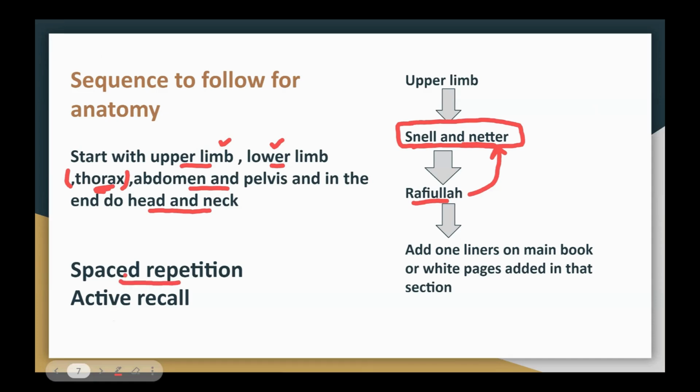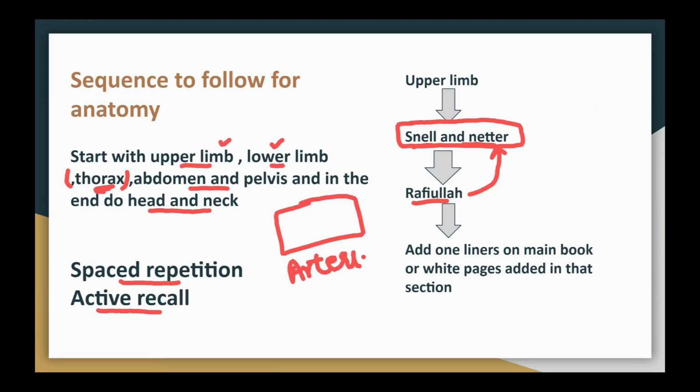And there is another subheading of this spaced repetition that I also use, that is active recall. You can research about them in more detail, but I will give you a brief concept. What active recall is: you open the book and, for example, you have the arteries of the upper limb. You're going to revise all the facts that you know.